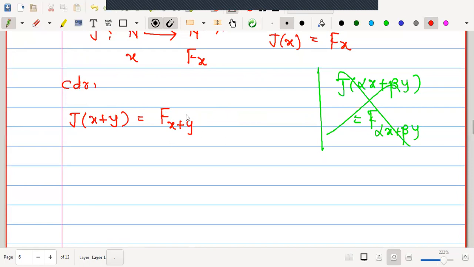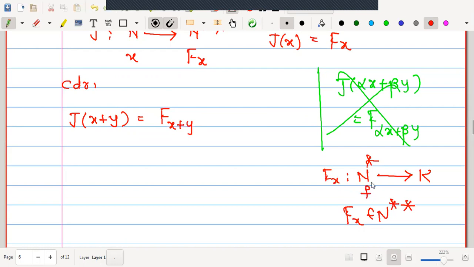But this f is a function. Therefore, in order to prove that f of x plus y is fx plus fy, we have to operate it on an element of its domain. What is the element of the domain? fx is a mapping defined from N star to K, because fx is an element in N double star.